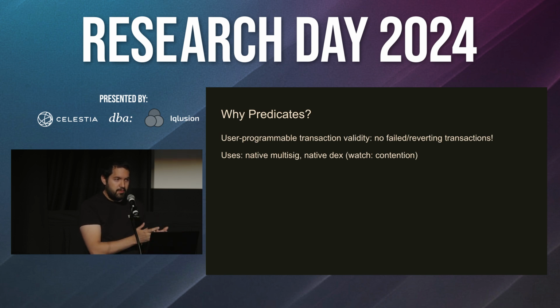That doesn't allow any programmability. And this allows you to, without having to worry about how much gas you're using, without having to worry about variability in gas, without having to worry about transaction reverting, and thus without wasting block space or gas space, have things like native multisigs, things like native DEXes, things like this that operate entirely in predicate land. And this is kind of just the tip of the iceberg. You can have fairly complex things that operate entirely in the space of transaction validity that never get into running some VM that may revert later.